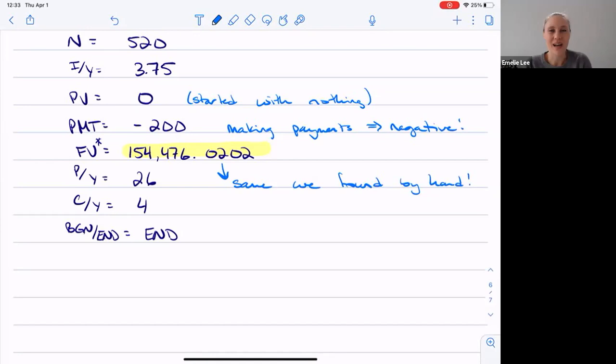So as long as you keep track of the negatives, right? What amounts are negative, what amounts are positive, it's going to be a lot quicker to use your calculator, right?